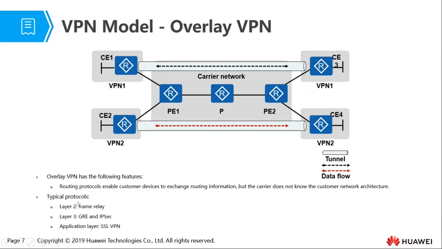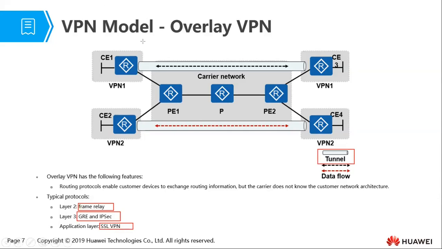When it comes to overlay VPN, when you create a VPN using frame relay, you're creating a tunnel over the public network to interconnect two private networks, like a branch and the headquarters. That is what we call an overlay VPN. You can create overlay VPNs using frame relay or GRE or IP security, or you can also use SSL, Secure Socket Layer VPN.